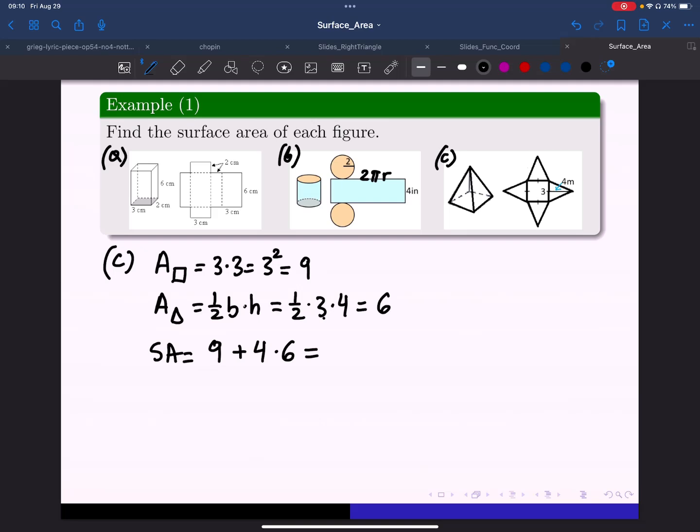I'm sorry, 4 times 6 is 24, plus 9 is 33. And we have the unit meters squared. This is meters squared, we have the unit right here. So that's my surface area. SA stands for surface area.